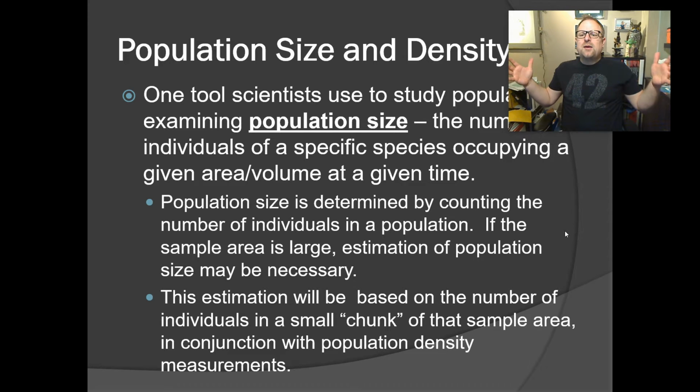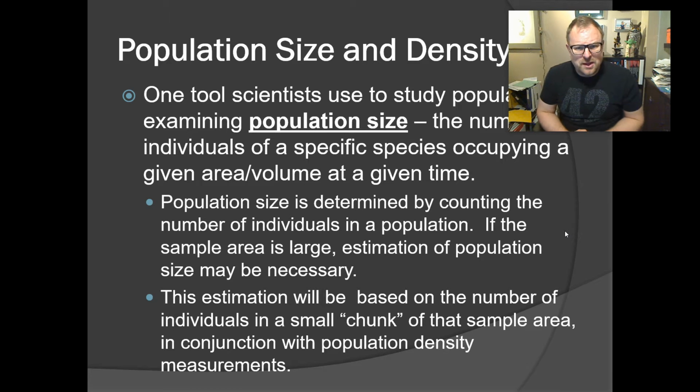So we'll take a representative area, one that we think is relatively accurately representative of what the ecosystem looks like. We'll sample that area, and then we'll extrapolate from there and say, okay, well, we sampled an area that is 10 meters by 10 meters, and we think that we've got 1,000 of these 10 meter by 10 meter plots, and so that's what we're going to examine.